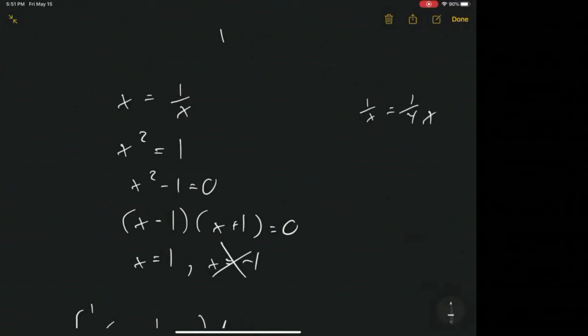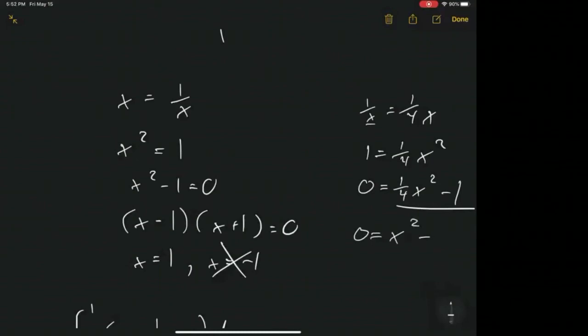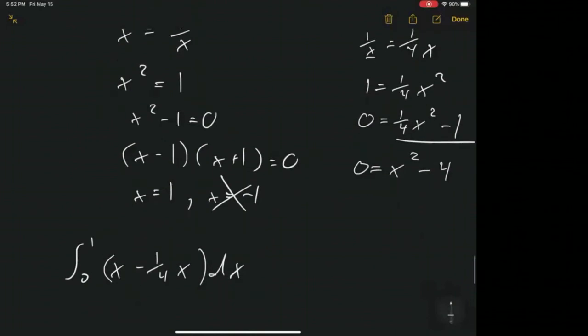Let's see, multiplying this x over to the other side, I get this. Okay, moving everything to one side, I get this. You can do the quadratic formula on this. The way I would do it is just multiply both sides by 4. The left side won't change, and then the right side will become x squared minus 4. And now this thing's easy to factor.